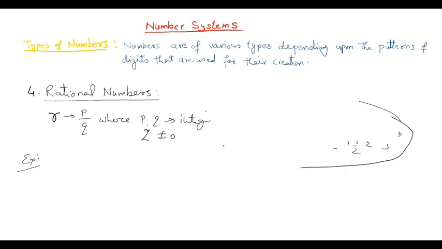Here there are two methods by which we can calculate these numbers. So let's say method 1: by calculating the mean or average.